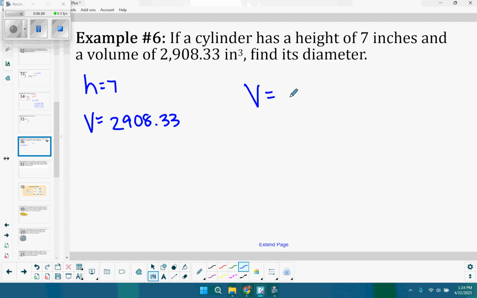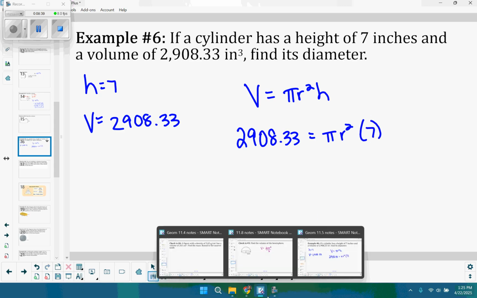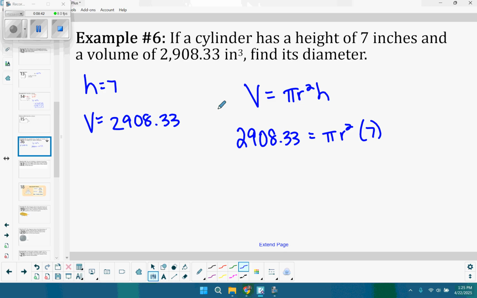So if V equals pi r squared H, then 2908.33 equals pi r squared times 7. So if I divide both sides by 7, I get 415.5. Now I'm going to divide by pi. I'm going to use the pi button, remember.